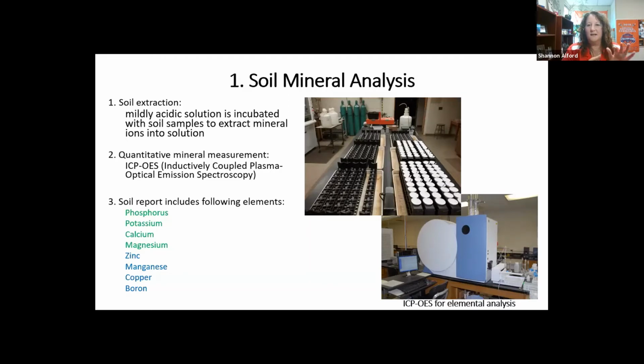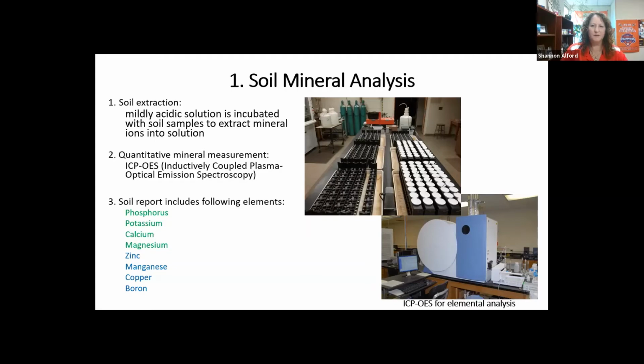We collect that number in parts per million. You might have heard that if you've looked at a soil report, or at pool water or water testing, things are reported in parts per million, but we do a conversion to pounds per acre so that when you get your soil report, it makes sense in terms of looking at a whole acre, or obviously more acres for a large farm.